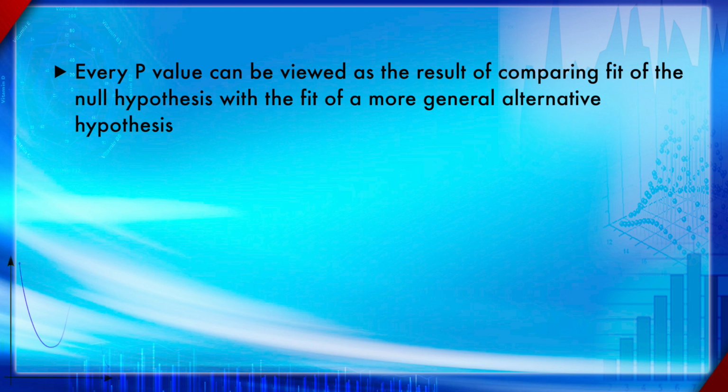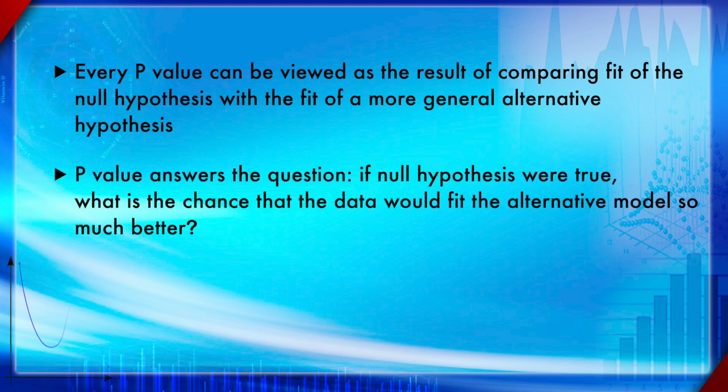Every p-value can also be viewed as a result of this model fit, comparing the fit of the null hypothesis with the fit of a more general alternative hypothesis. So that is another way to interpret the p-value. The fit of the null hypothesis versus the more generalized alternative hypothesis, which is fitting well. The p-value answers the question: if the null hypothesis were true, what is the chance that the data would fit the alternative hypothesis so much better?